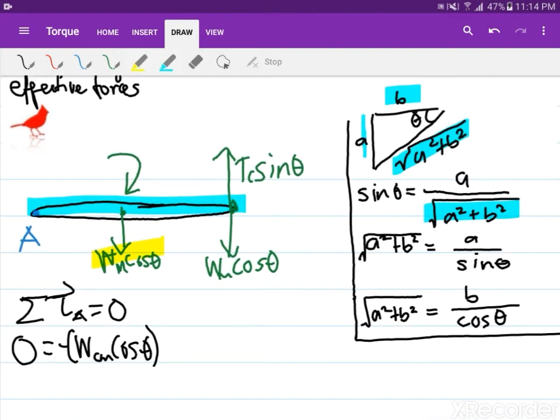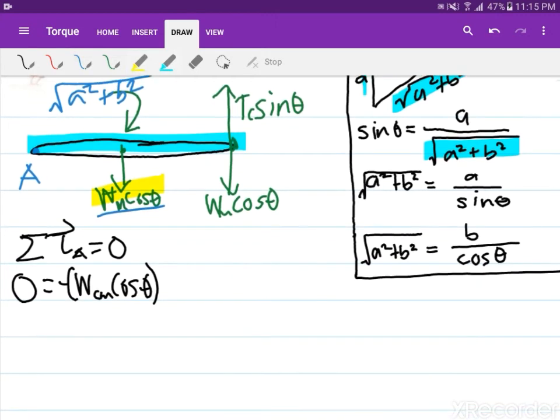So half the length of our beam would be the moment arm for this force. And we also know that the square root of A squared plus B squared can be expressed in terms of sines or cosines.